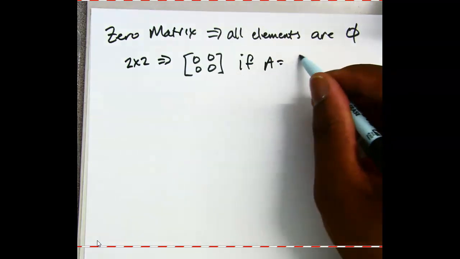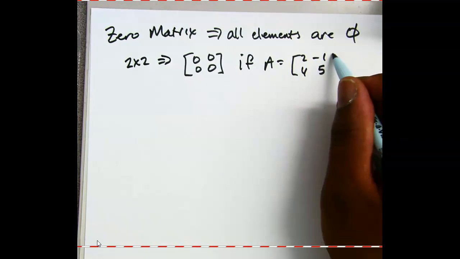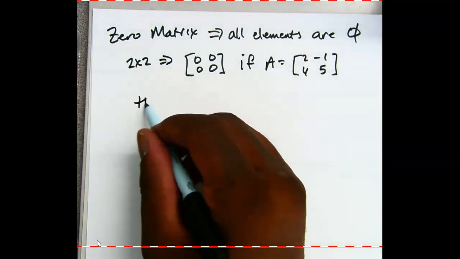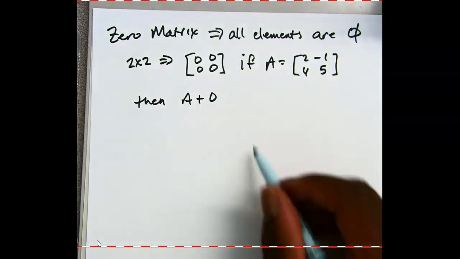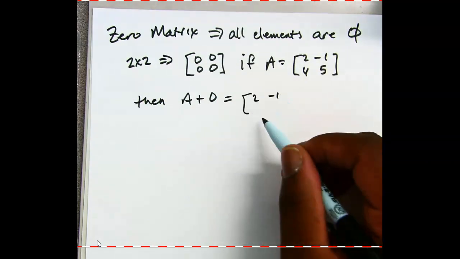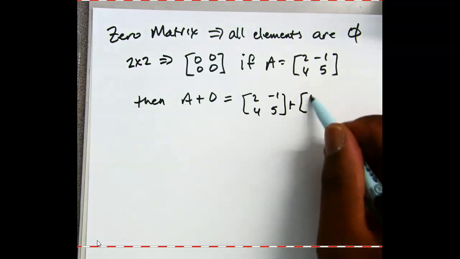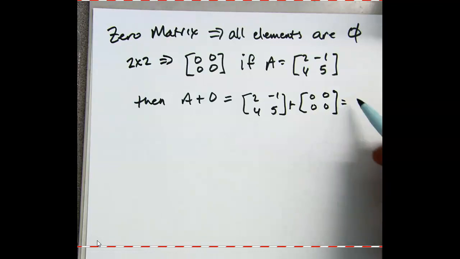If A is equal to 2, -1, and then 4, 5, then A plus the zero matrix would be 2, -1, 4, 5, plus 0, 0, 0, 0, which would be 2, -1, 4, and 5.